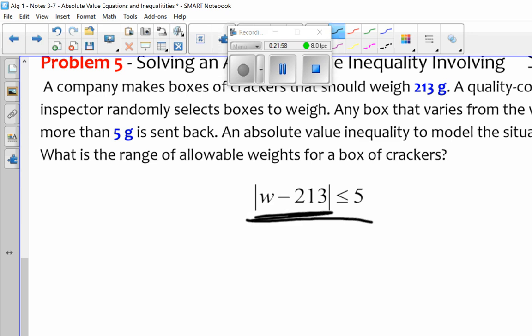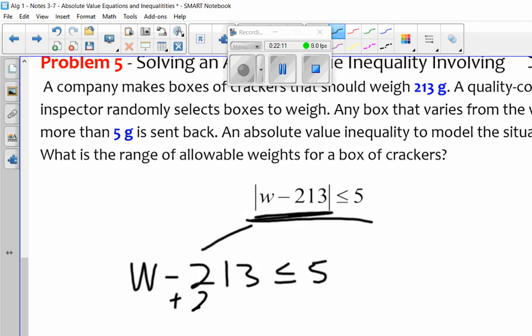So maybe that's one cracker, I don't know. So once again, I'm going to get 2 equations, and I'm trying to figure out how much is the allowable weight. I'm going to rewrite basically for this first one exactly the way it is, solve it for W. I'm going to add 213, and I get W is going to be less than or equal to 218.